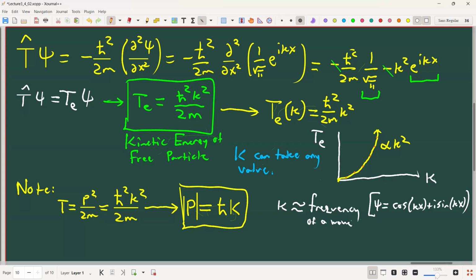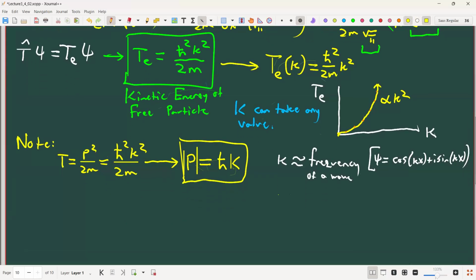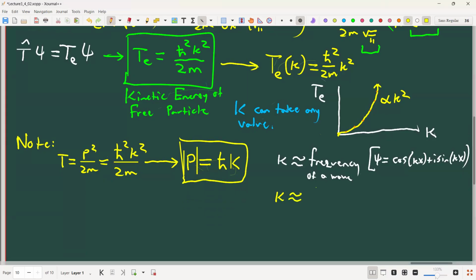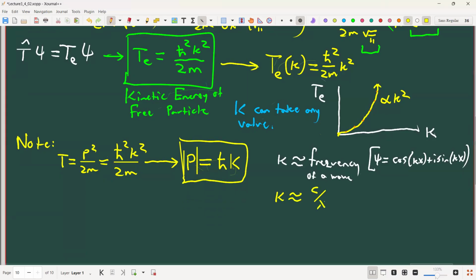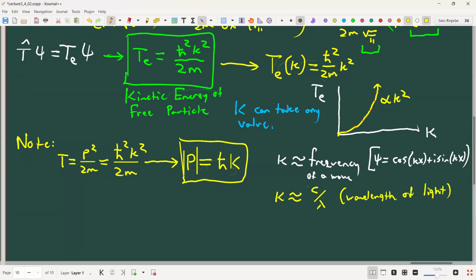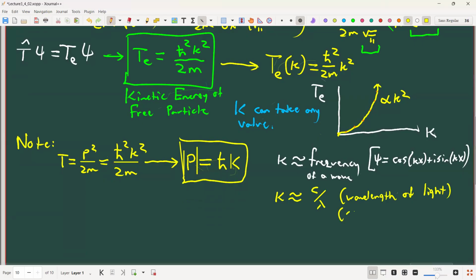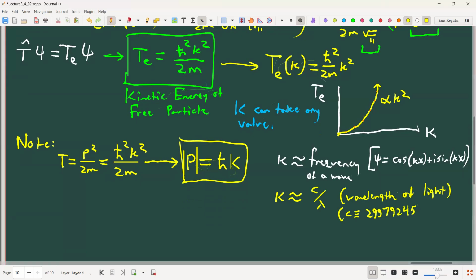And because it's equal to the frequency of a wave, we could write k, if it's moving at the speed of light, as c over lambda. This is the wavelength of the light, and c is the speed of light, 299,792,458 meters per second.